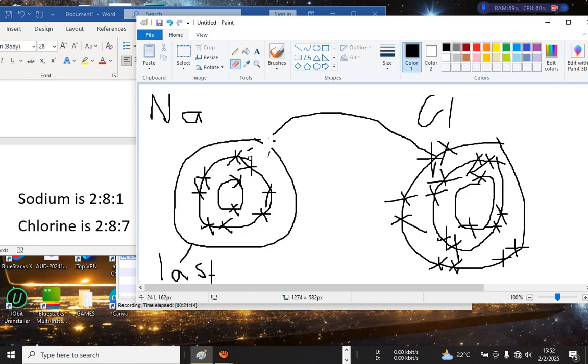Now if that electron is lost, the shell also disappears. So sodium, which at first had 3 shells, now has only 2.